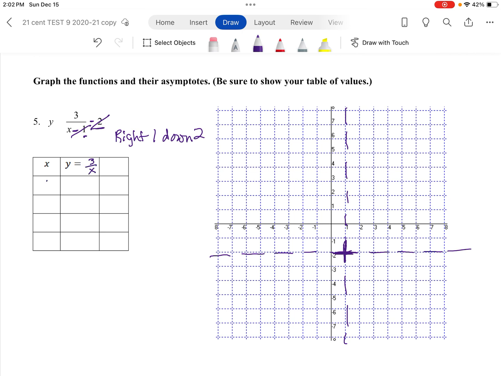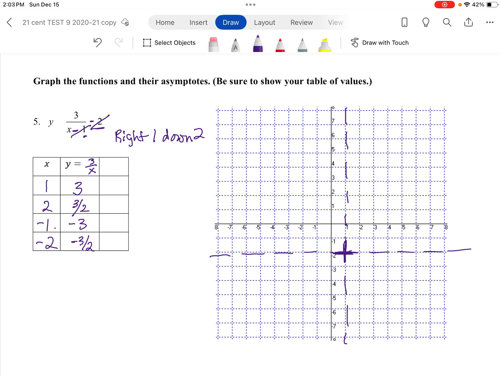So I'm going to put in 1 and 2, negative 1 and negative 2. 3 divided by 1 is 3. 3 divided by 2 is 3 halves. 3 divided by negative 1 is negative 3. 3 divided by negative 2 is negative 3 halves.